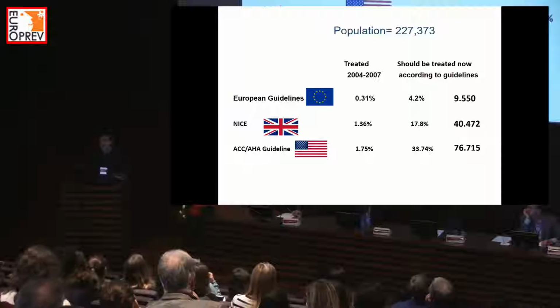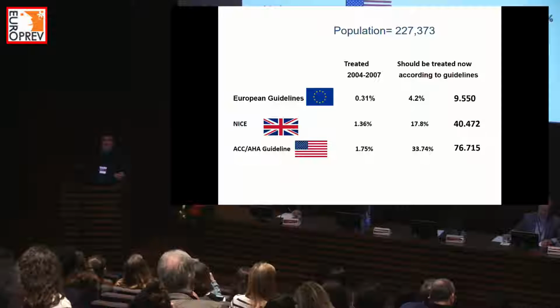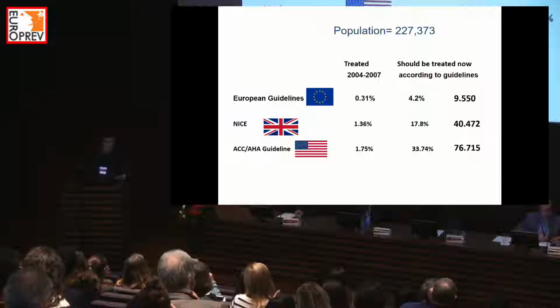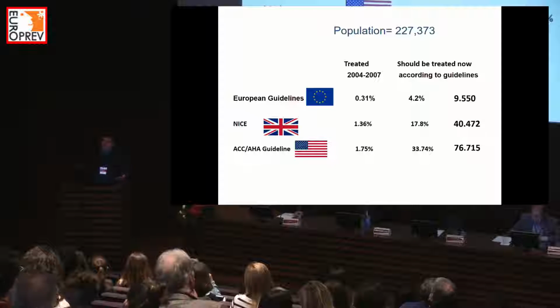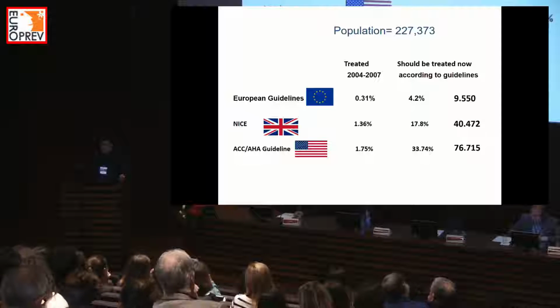So as you can see, there are big differences, not only in the estimation of the percentage of high-risk people, but also in the total population that should be treated, in this case with lipid-lowering drugs.